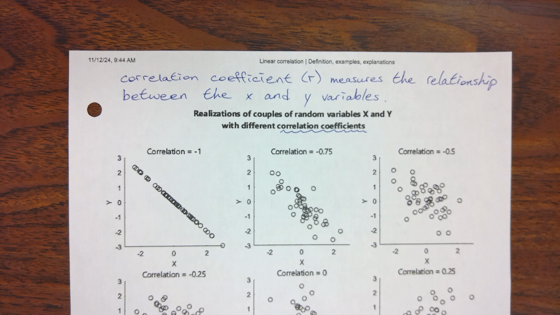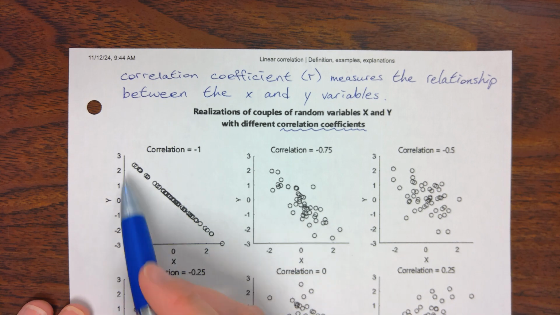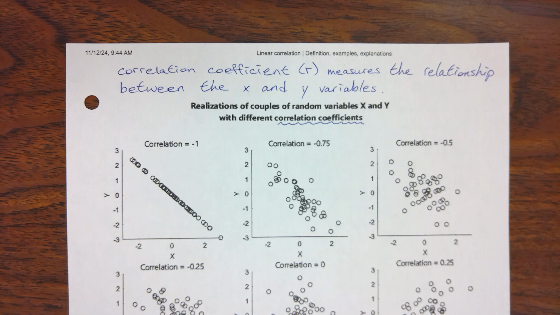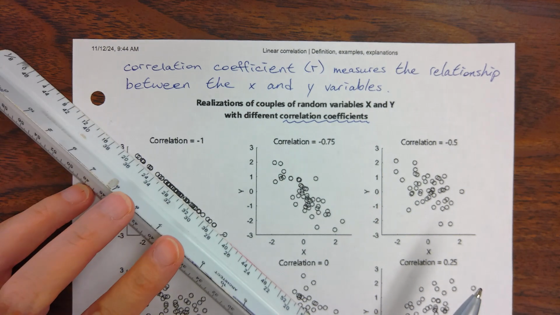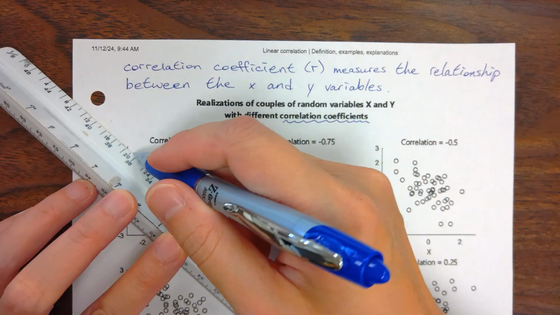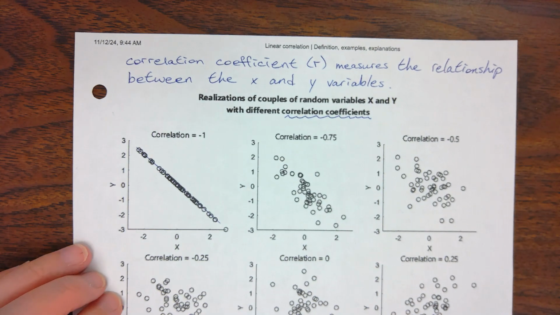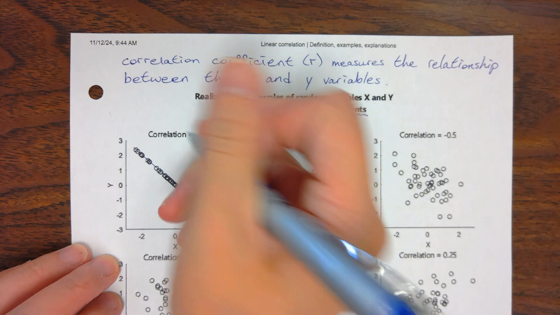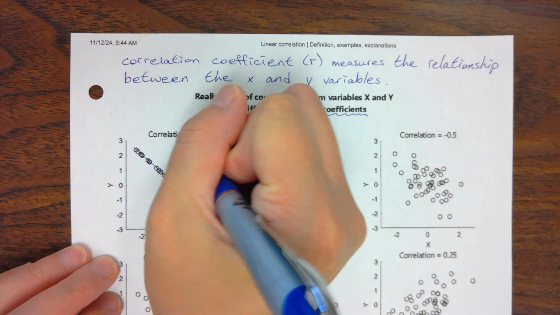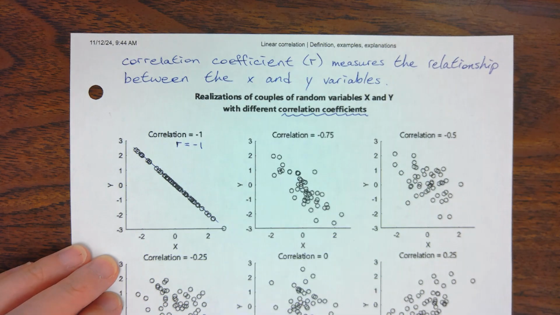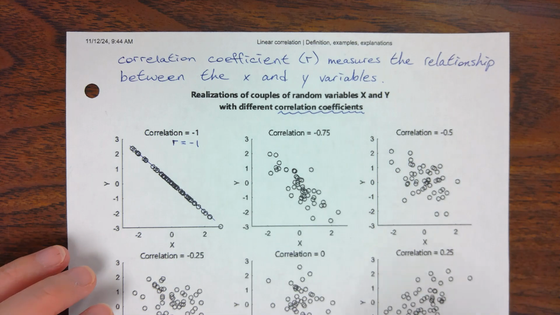Okay. So in this one, if I were to draw a line, okay, notice every single point goes through the line, and so I have a correlation of R equals -1. For all of these, I need two terms to describe it.